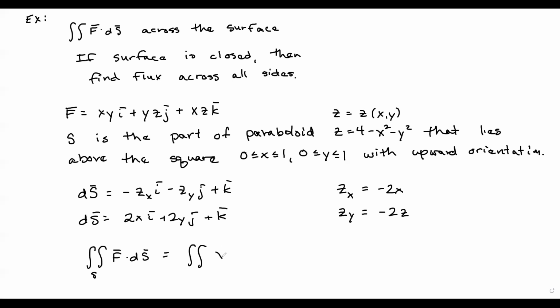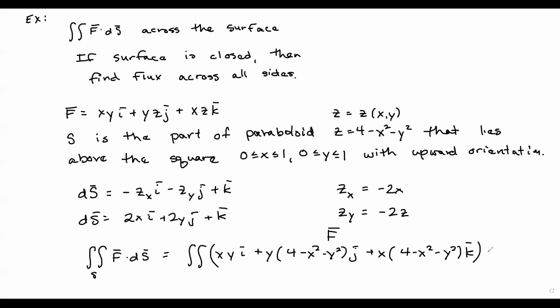So we're going to have xy i plus y times (4 minus x squared minus y squared) j plus x times (4 minus x squared minus y squared) k. So all of that is our definition for f, except reflected in two variables.